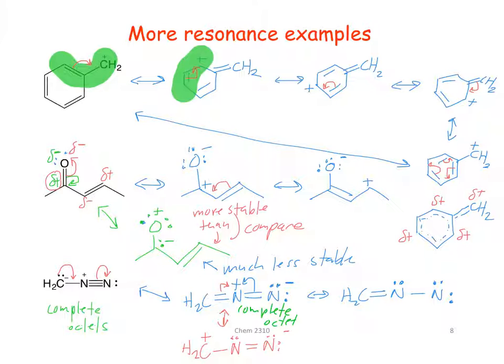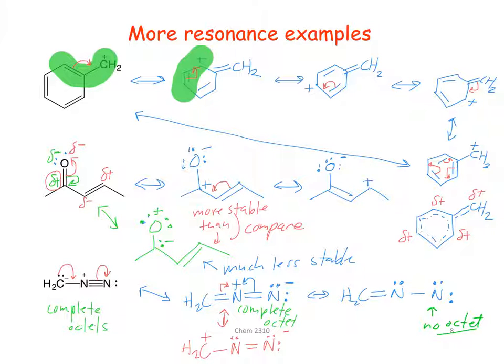Alright, what about the one on the right? Okay, so the atom here, it's just like over here, so that has an octet. This nitrogen, 2, 4, 6, 8, has a complete octet. What about this nitrogen? No, this only has 2, 4, 6. This has no octet. Okay, that's going to make this one less stable.